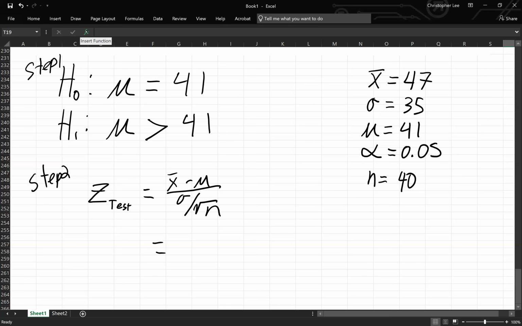Open parentheses. Close before the 41. And then divide. Open parentheses, and then 47 minus 41, close the parentheses. First answer, 1.08.